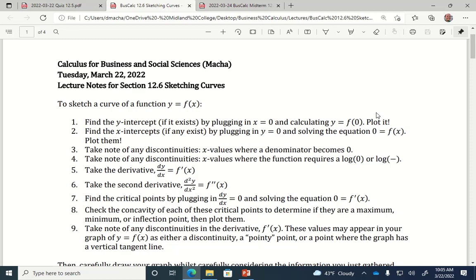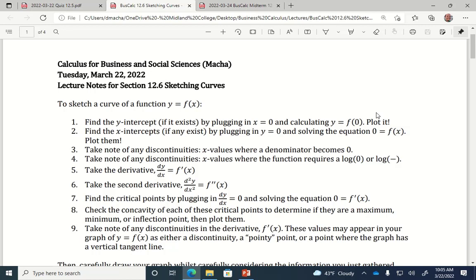But the first step, and probably the easiest, is finding the y-intercept. If your function is defined at x equals 0, then finding the y-intercept is just plugging in x equals 0 and solving for y. So that should be really easy. Really easy, step 1.